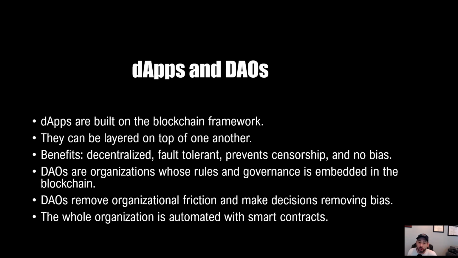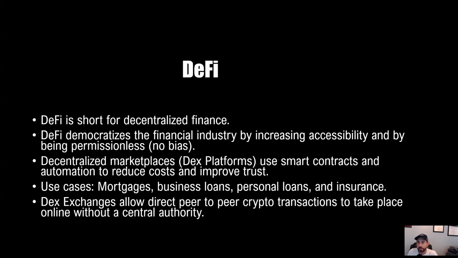The whole organization is automated with smart contracts. You can think about how this could be applied to any organization, trading stocks. It could be anywhere. And it's completely frictionless, which is kind of nice. You just have to build in the smart contracts to run the organization automation.